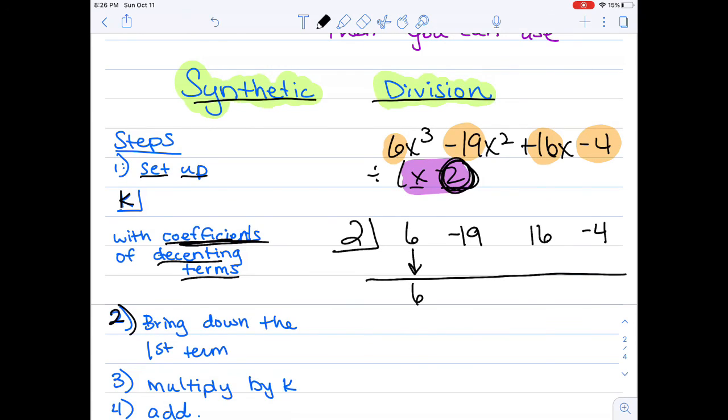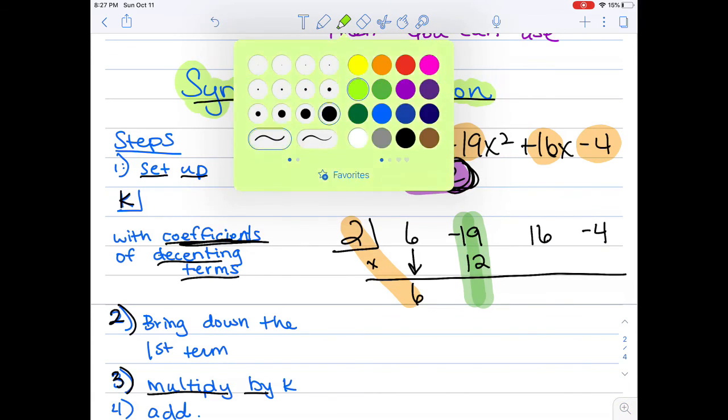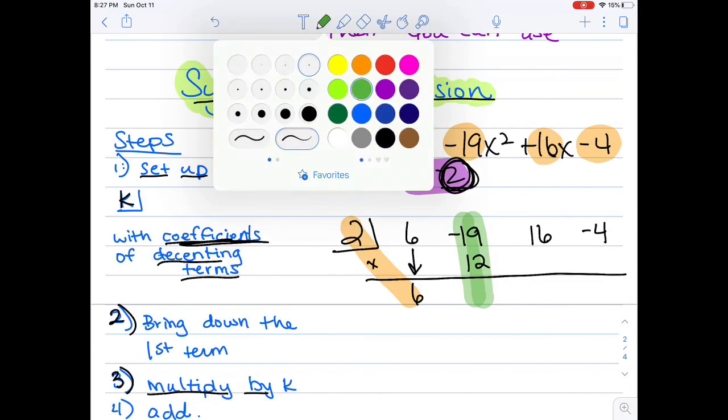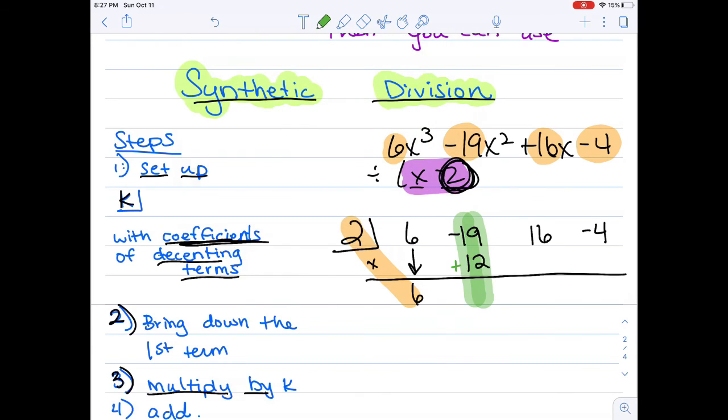That was pretty easy. Step 3, we're going to multiply by the value of k. So as we go from 2 to 6, we multiply and put it right here. Now we add down.